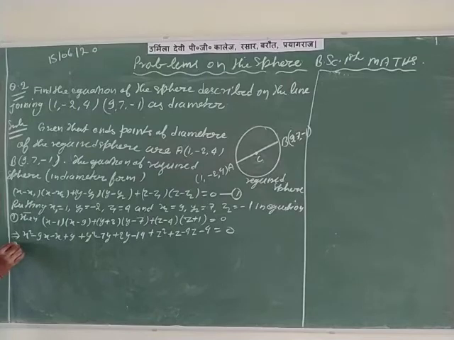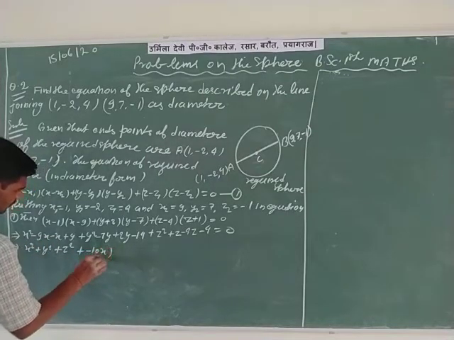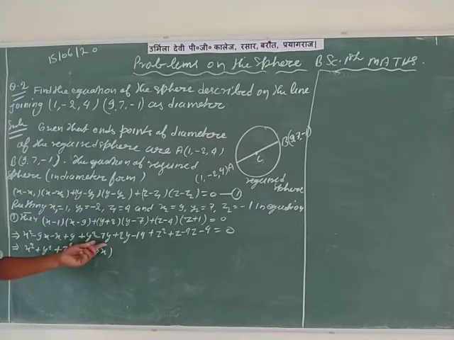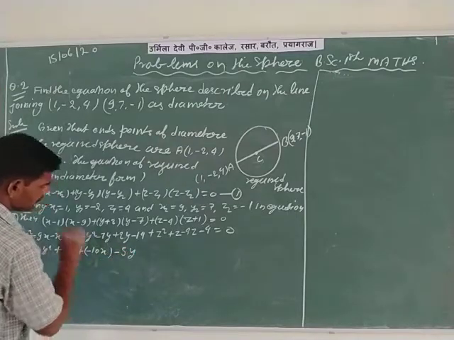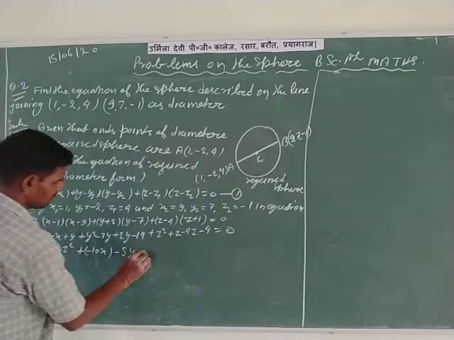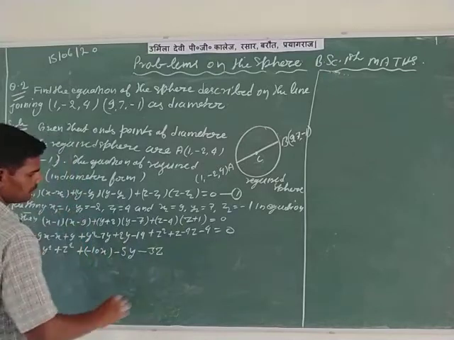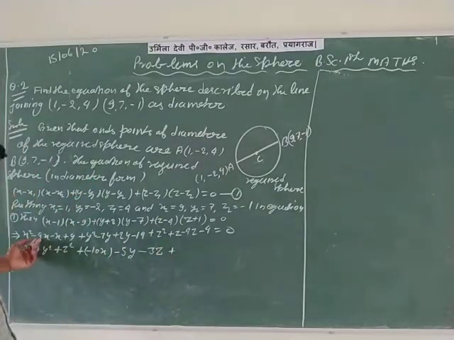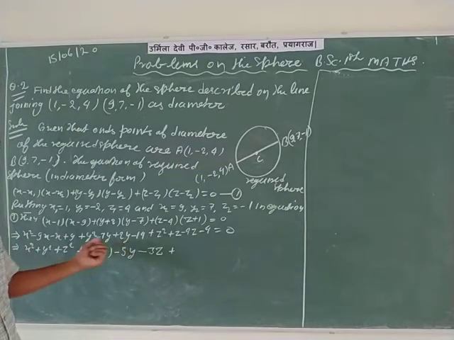So in first bracket write x square plus y square plus z square, plus in second bracket minus 9x and x is equal to minus 10x, minus 7y plus 2y is equal to minus 5y, and in z minus 4z is equal to minus 3z, plus numerical values are 9 minus 14 is equal to 5.